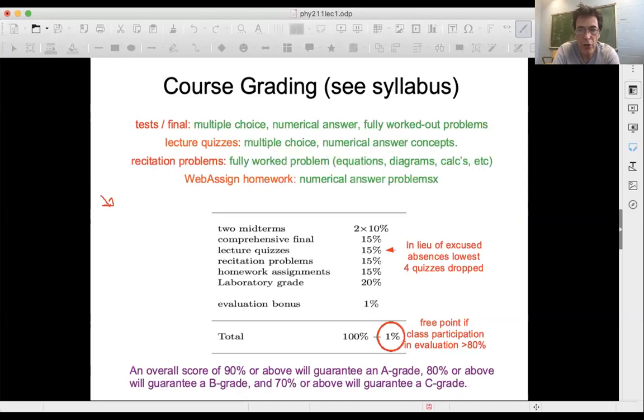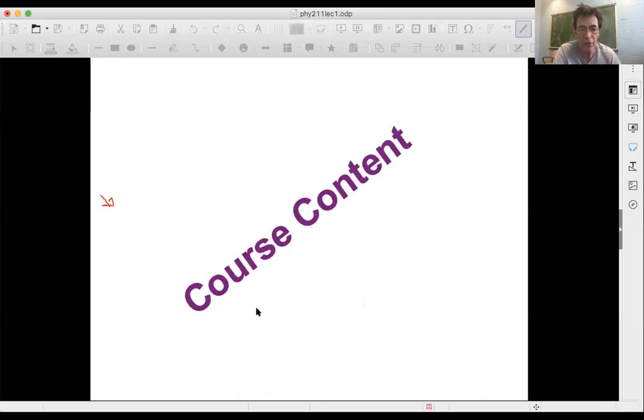Just a little bit about the course grading here. The course grading will involve 2 tests during the semester and 1 final.